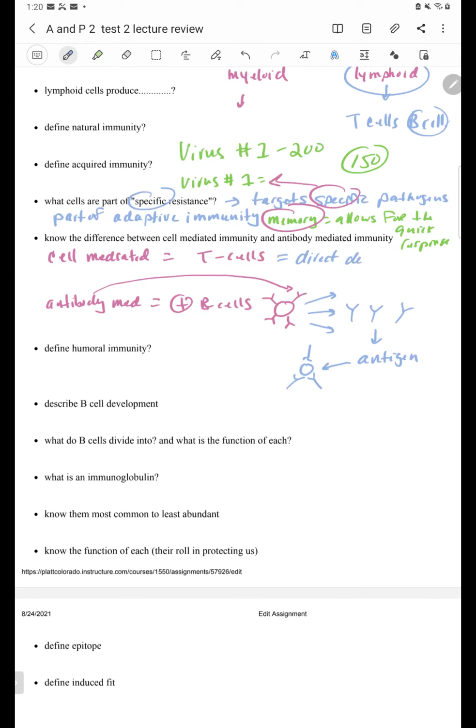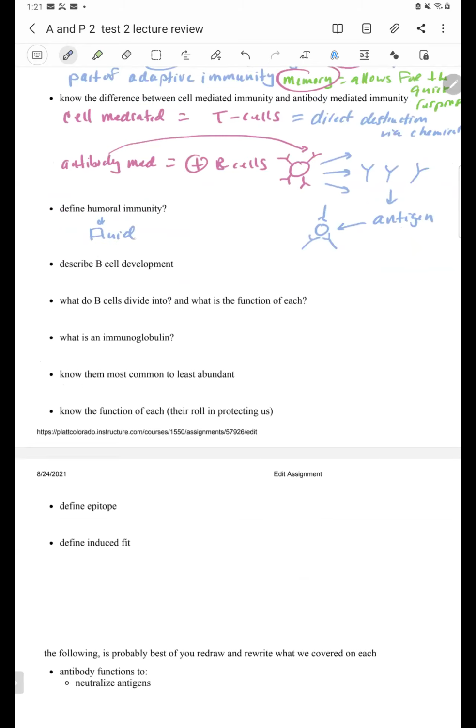Okay, humoral immunity. So when you see the word humoral, this basically means fluid. Like remember the eye, you have the aqueous humor and the vitreous humor, or that's a derivative of the word humoral.